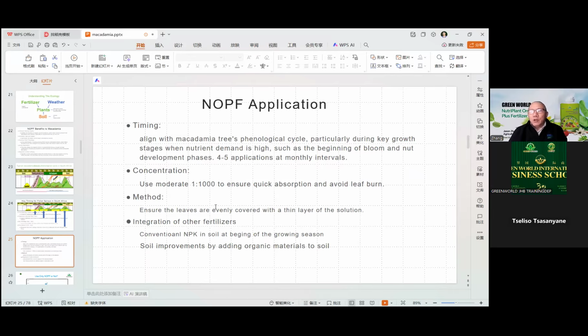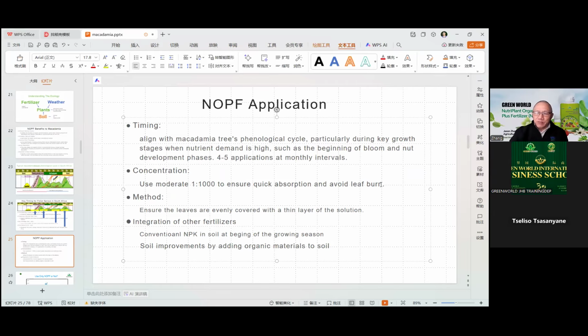For NOPF, you don't have leaf burning here. Leaf burning comes from other stuff, which we should remove. If some people say, oh, after I sprayed my NOPF, my leaf got burned, no, it's not from NOPF. If you got leaf burning, it's from something else.